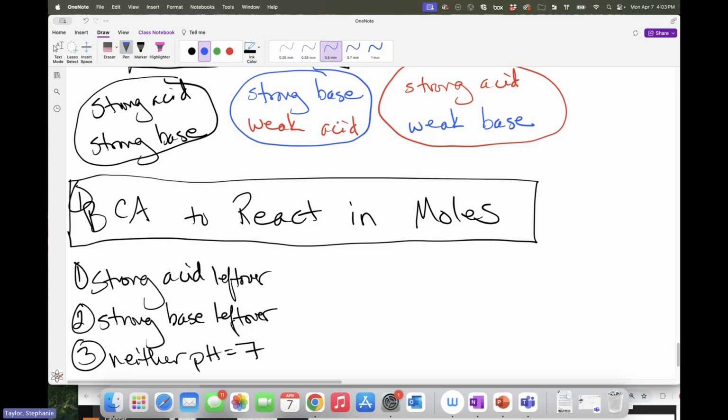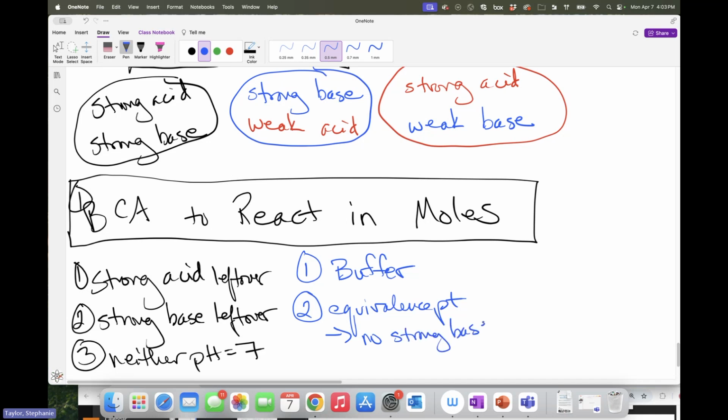For strong base, weak acid, I'm going to do these in blue. You could have a buffer left over. We haven't done one of those yet, but you could have a buffer. You could be at the equivalence point, which is where you have no strong base and no weak acid.